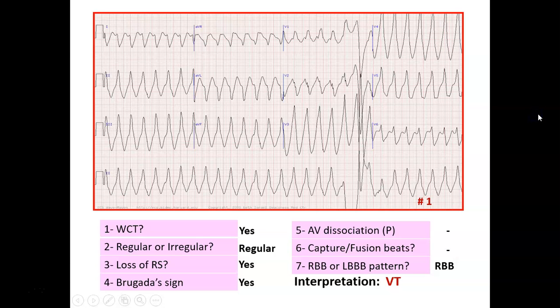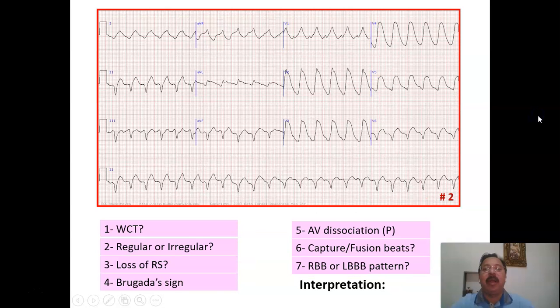This is ventricular tachycardia. Look at this ECG again. Is it wide complex or narrow complex tachycardia? It's wide complex tachycardia, so your answer is yes. Regular or irregular? Again, this is mostly regular. Loss of RS, look at the chest leads: mostly RS is lost.